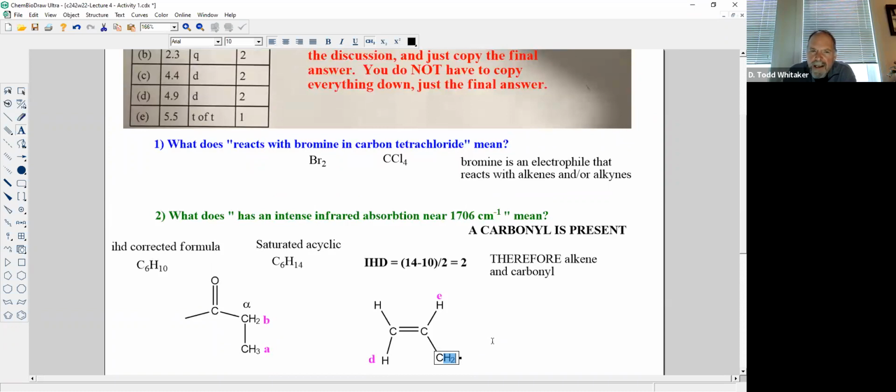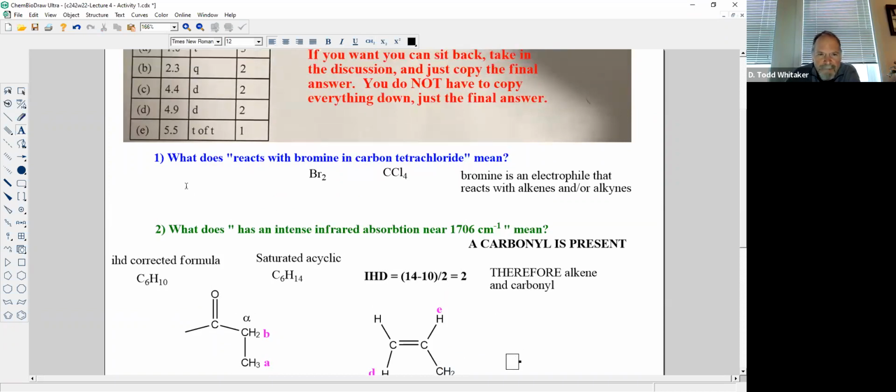We're going to be talking about these hydrogens here being in 2 categories eventually, and we're going to make this thing fit. If you look, the only thing we haven't talked about is C. We've covered A, B, D, and E.